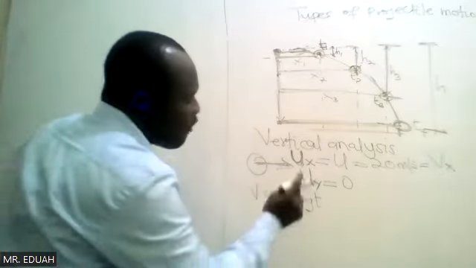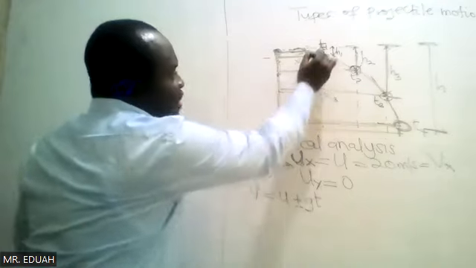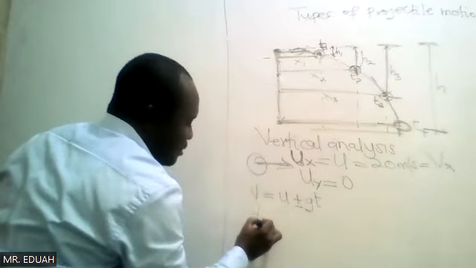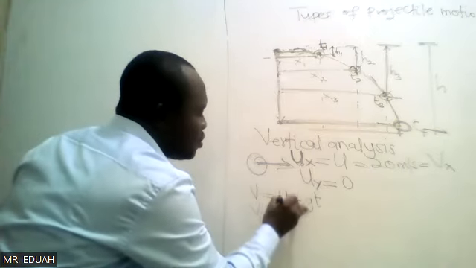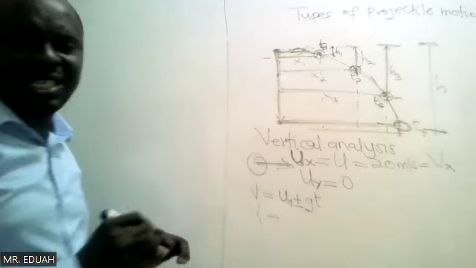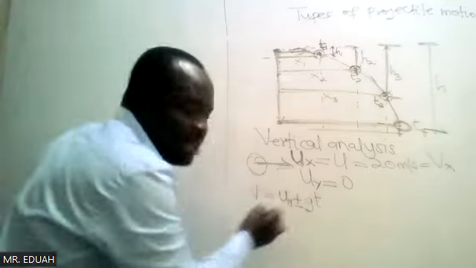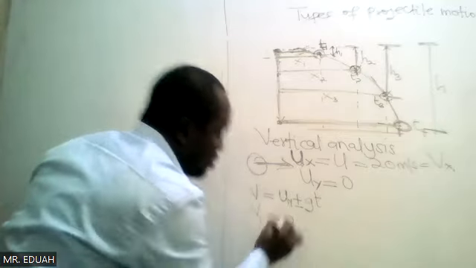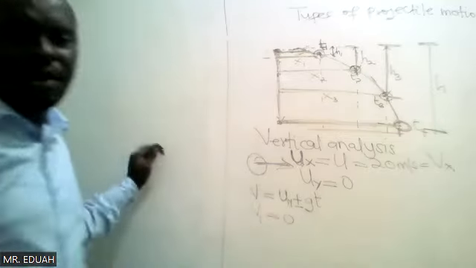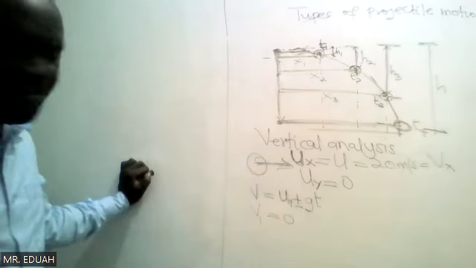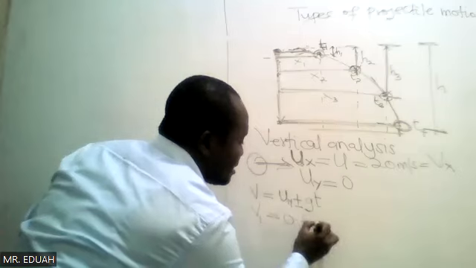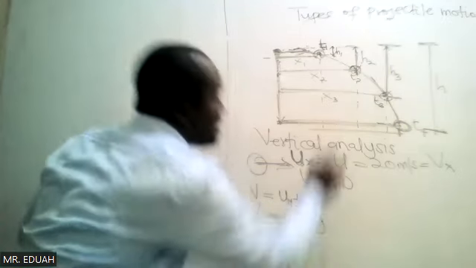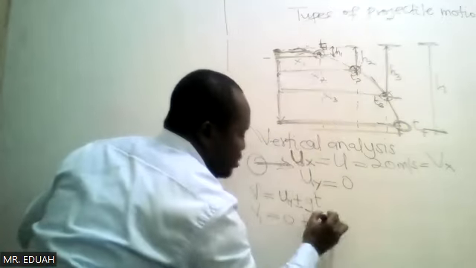So if I'm looking for the velocity of the body here, V1, this is equal to U, the initial vertical velocity. And fortunately for me, this is 0. Ui is 0. Plus g times the time taken to come here, T1.